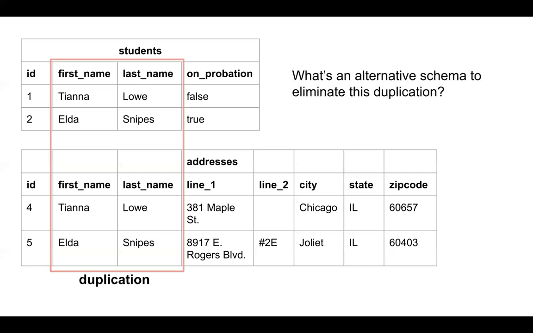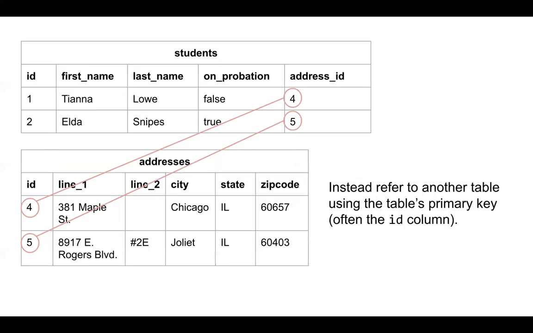So let's think about an alternative schema that we can use to eliminate this duplication. This is illustrating that relational aspect that we were talking about before. On our students, now instead of giving them the address itself, they just have an address ID.